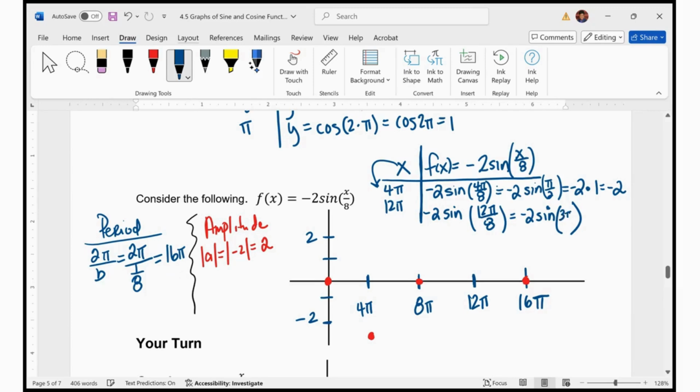So we have -2 times sine of 3 pi over 2. What's sine of 3 pi over 2? -1. So -2 times -1 is +2. That's why our point is up here for 12 pi.